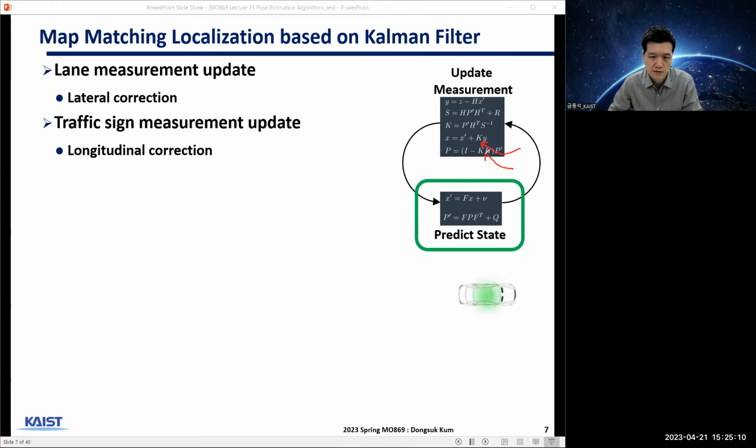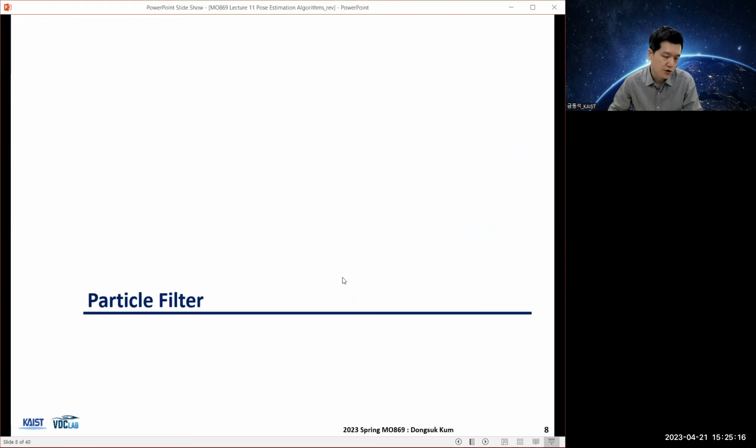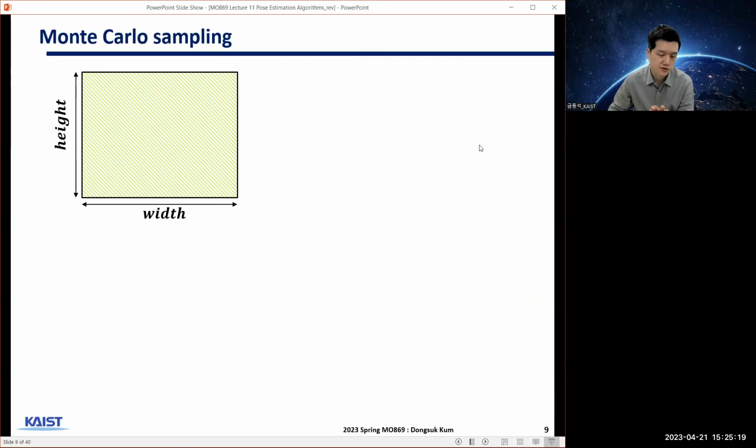These were vectors and matrices. But for a particle filter, that assumption and then the Gaussian distribution assumption is not necessary. You don't have to meet those assumptions.